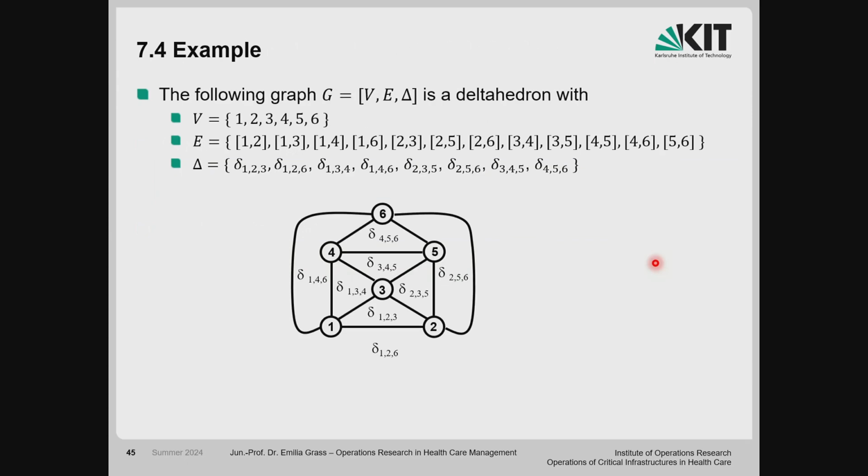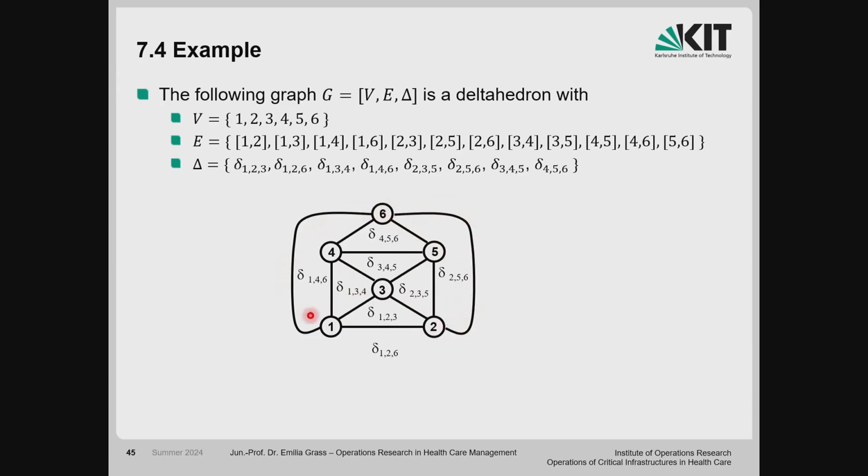Okay, so example again. We have the following graph. We have a deltahedron. We have 6 nodes, 1, 2, 3, 4, 5, 6. We have the edges connecting all of them, and we have these triangles showing 3 nodes and 3 edges connecting them. Here is one, that one, and this is what I try to show here, is also one.